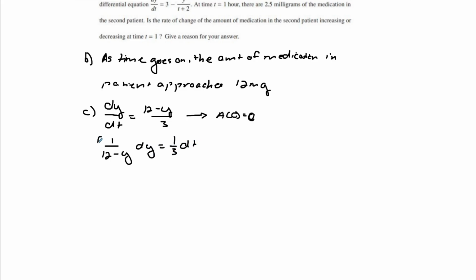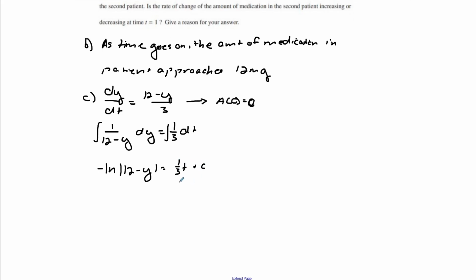So now I can integrate both sides, and I'm going to get negative ln of (12 minus y) equals 1/3 t plus c. So first let's get rid of this negative. So I'm going to get ln of (12 minus y) equals negative 1/3 t plus c.